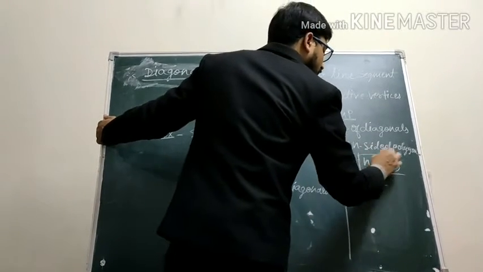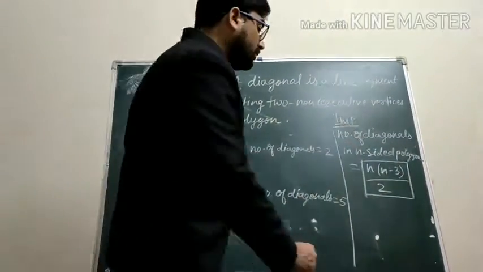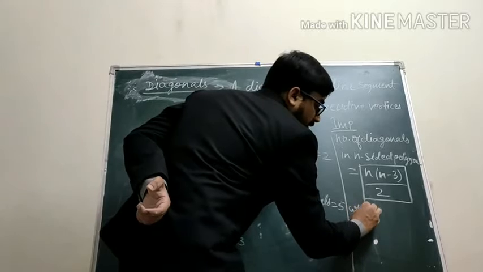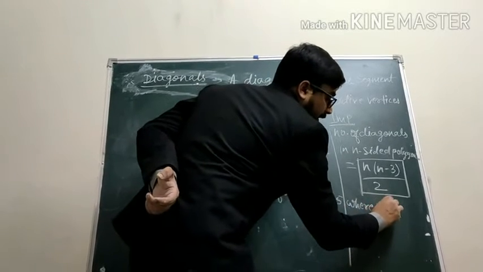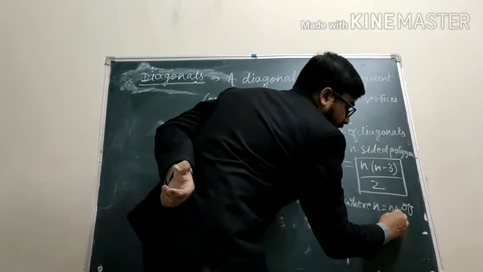This is a formula of n-sided polygon, where n is number of sides.